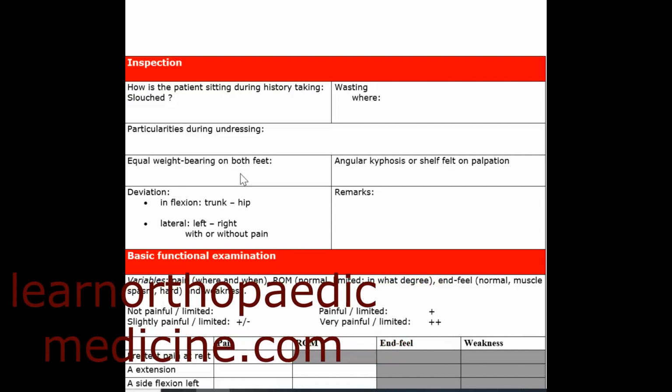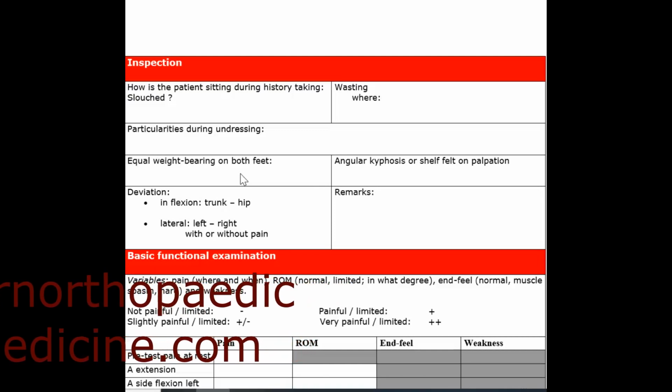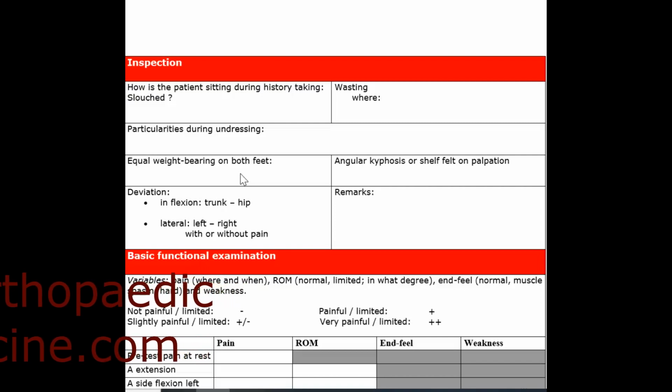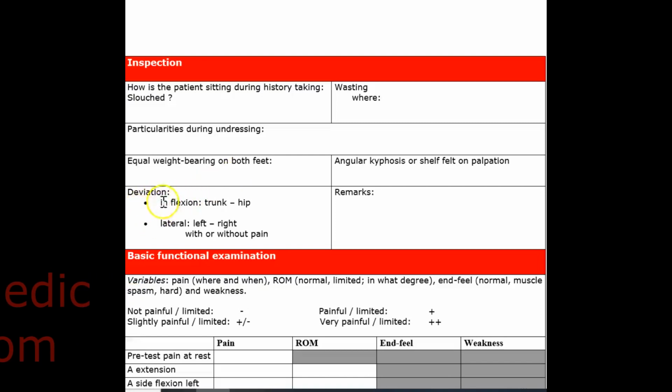Another situation where you could see something similar, this is a patient who suffers from a very acute sacroiliac arthritis, but this is rather rare. But talking about deviation, well, deviation could be very interesting. For instance, a patient who stands in front of you with a flexion deviation coming from the lumbar spine.